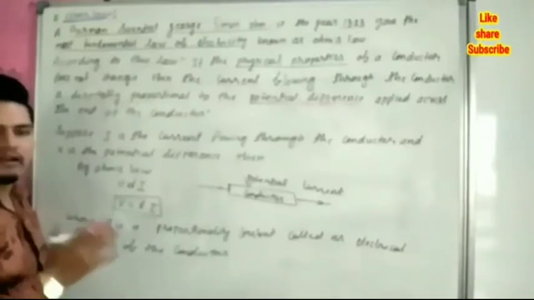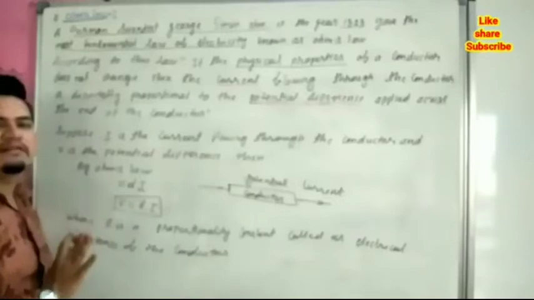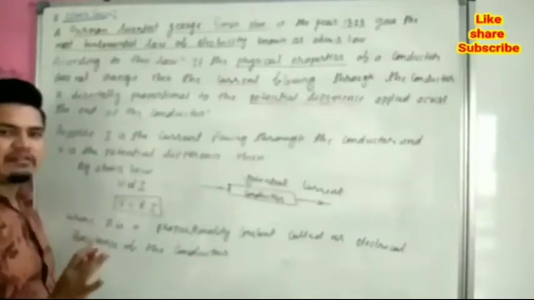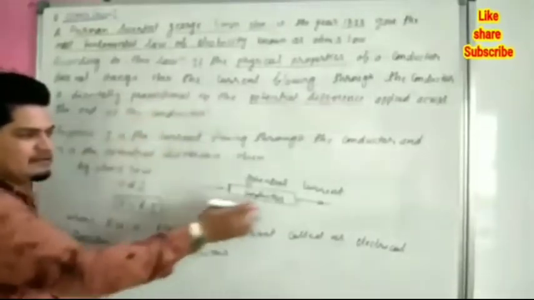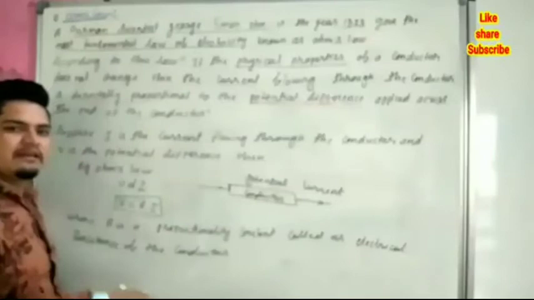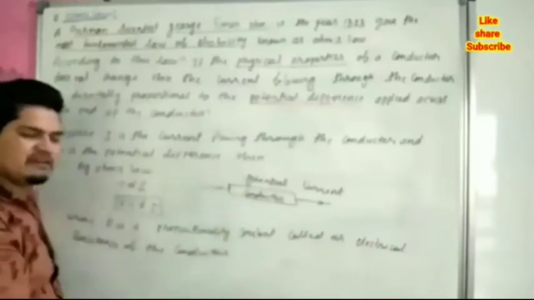So according to Ohm's law, if the physical condition of the conductor does not change, then the current flowing through the conductor is directly proportional to the potential difference.